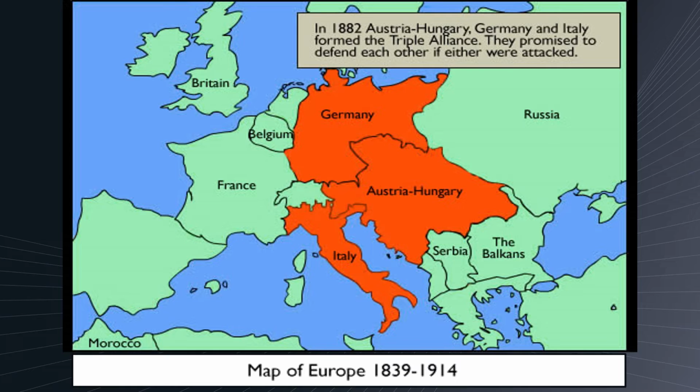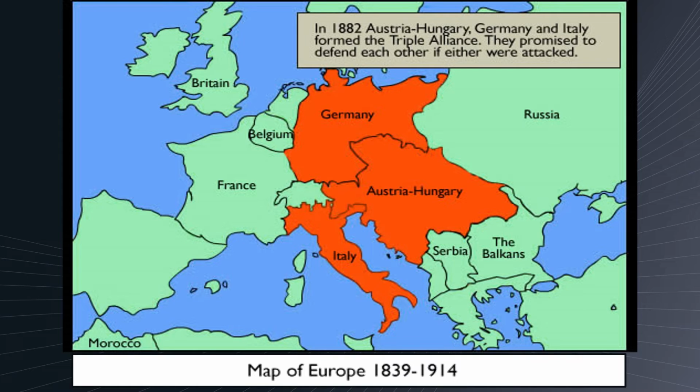Just to get yourself situated, over here you can see there's Belgium, Britain up on the northwest part of the map. France is west of Germany. This unlabeled area is Switzerland. And to the east of Germany and Austria-Hungary, we see Russia. Southeast, we've got the Balkans and Serbia.